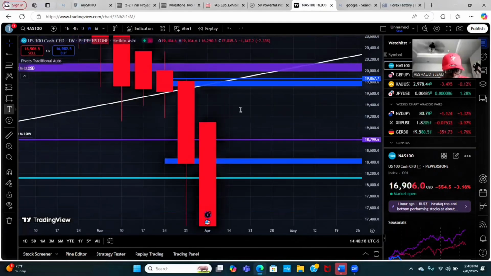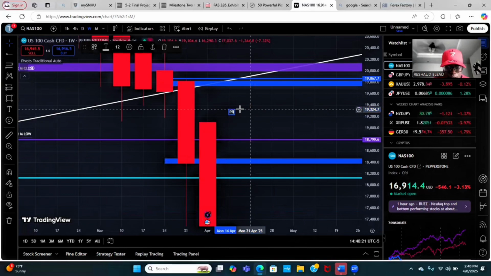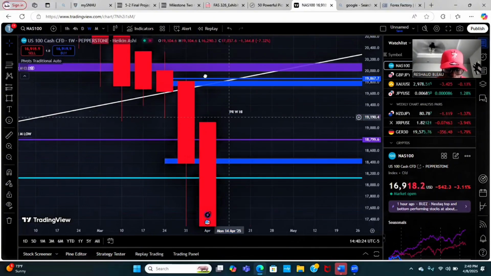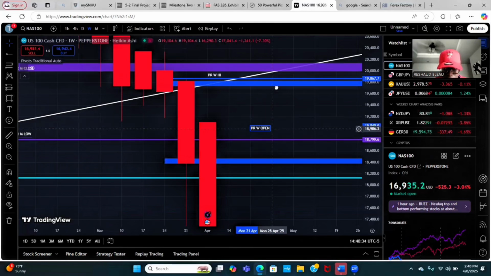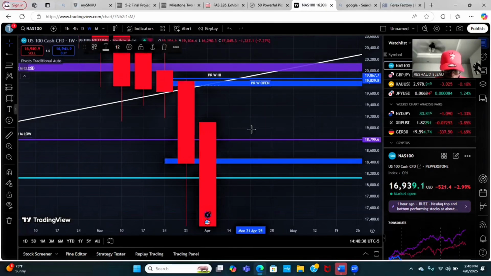So we're going to label it previous weekly high, previous weekly open, because we're selling. So we're going to open from the top and then close at the bottom. So previous weekly close.